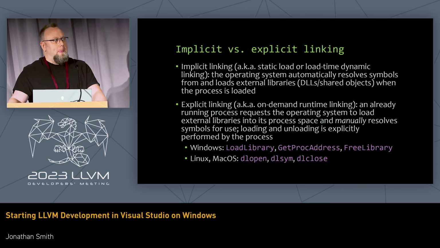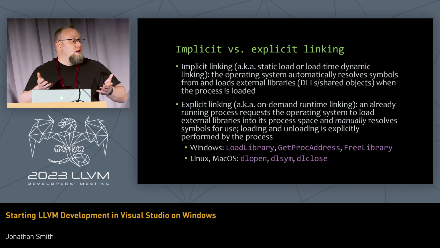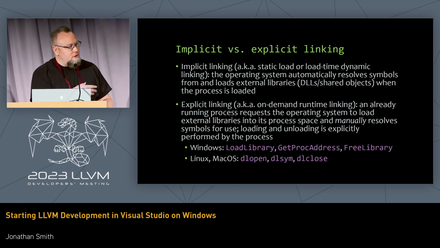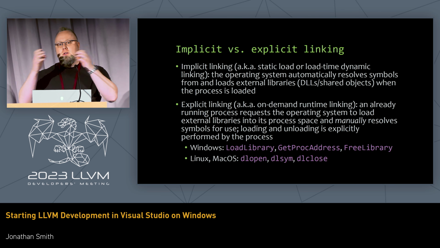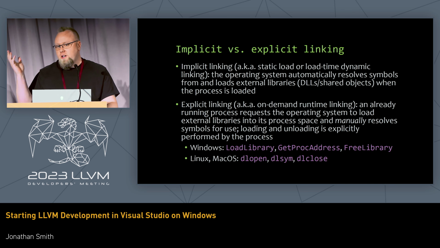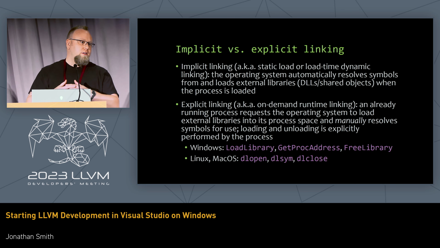Implicit linking involves, like on Linux, the dynamic loader. When you run an executable file, the dynamic loader finds all the symbols and maps them the way they're supposed to go from other shared libraries that are required. It's basically the same thing on Windows. The loader will resolve all the symbols that are exported by other libraries, or rather imported by the process being run, and link them all together.